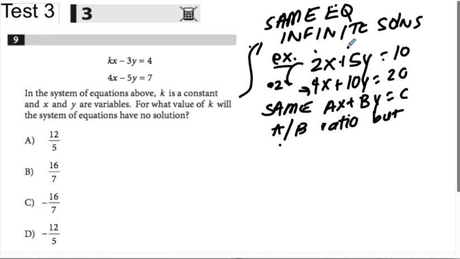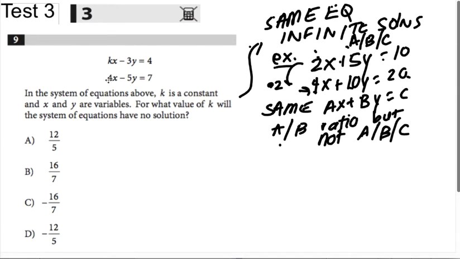See how this was 2 to 5, and I got a 10? You could even think of it as the a, b to c ratio being the same: 4 to 10 to 20 is the same ratio as 2 to 5 to 10. So if they have the same a-b ratio, but not the same a-b-c ratio, like c is the wrong number, then these things are not going to be the same values.